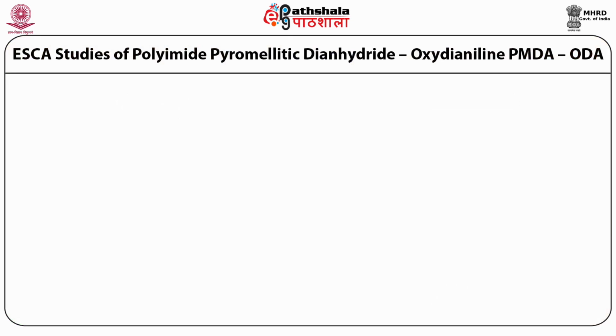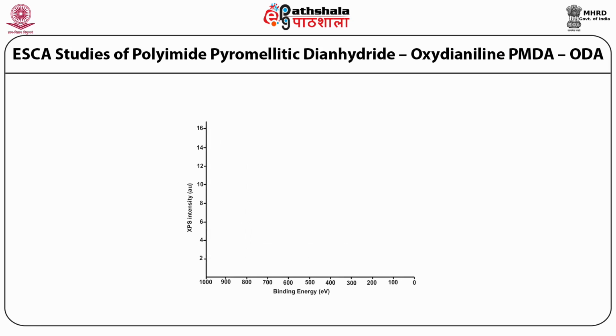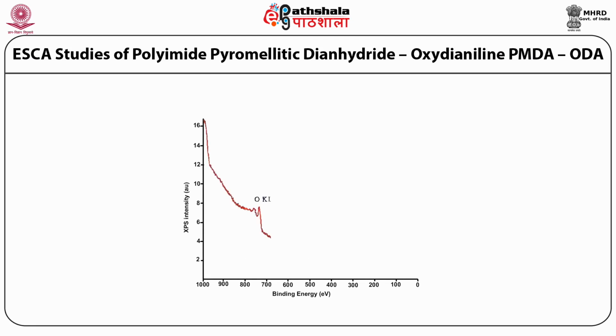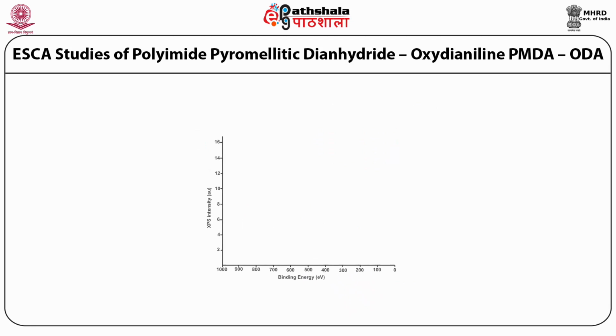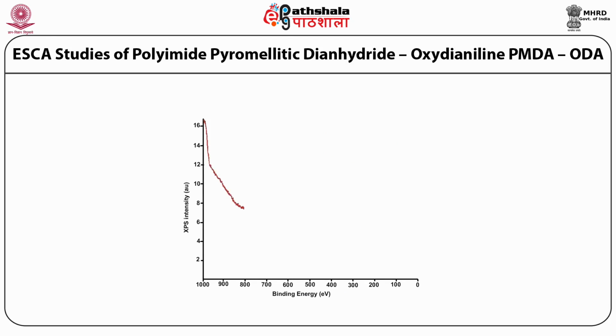Continuing on data analysis, the spectra of an organic compound called polyimide pyromellitic dianhydride oxydianiline, in short PMDA-ODA, has been shown in this slide, and the structure of this compound has also been given, which is made out of two parts.